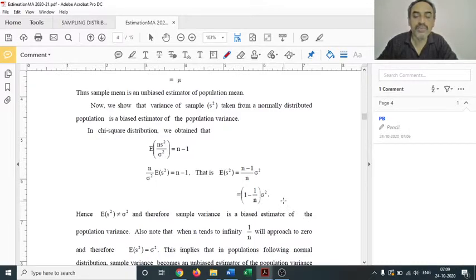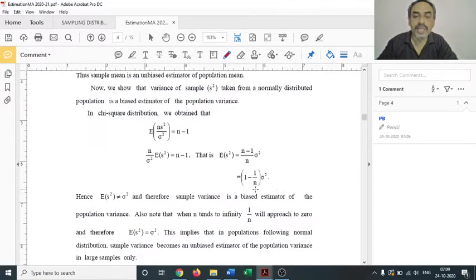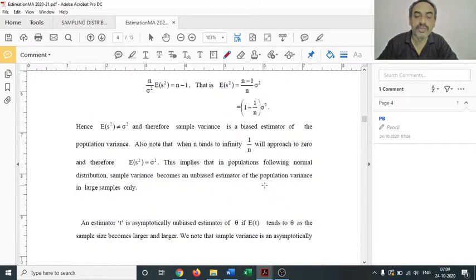But here we can note one more property: suppose n becomes larger and larger, then 1 by n becomes very small. When n tends to infinity, 1 minus 1 by n will certainly be 1. That is, E of S square will approach sigma square when n tends to infinity.